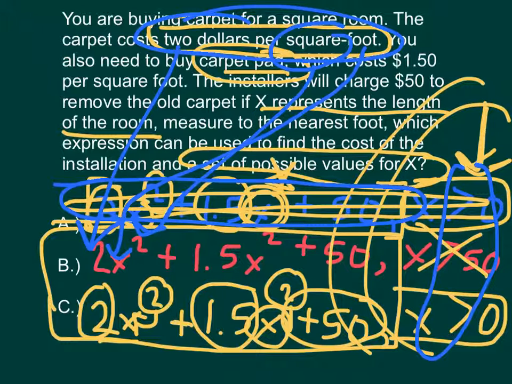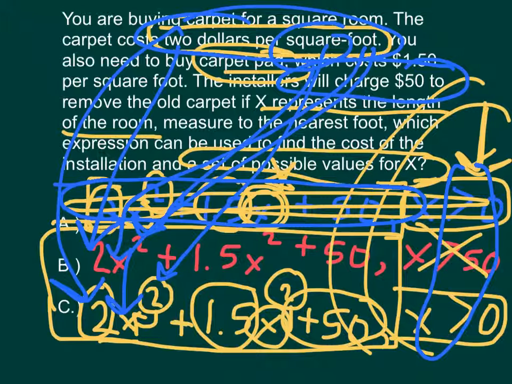So when you try to represent a verbal model with a mathematical expression, the strategy is going back into the problem and trying to link up the words with the numbers. $2, footage, x, square over there. And then charging $50, you're adding $50 to the expression.